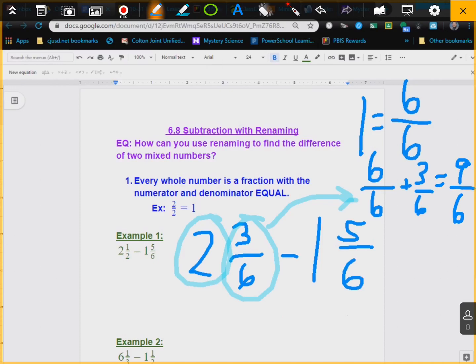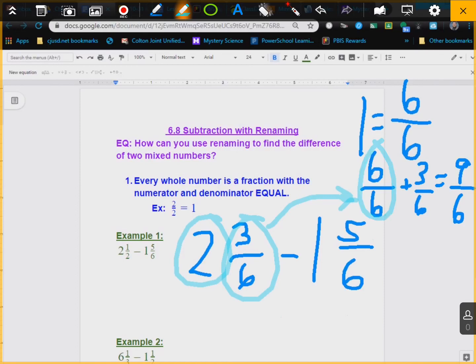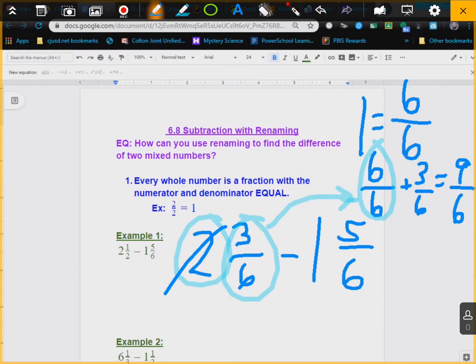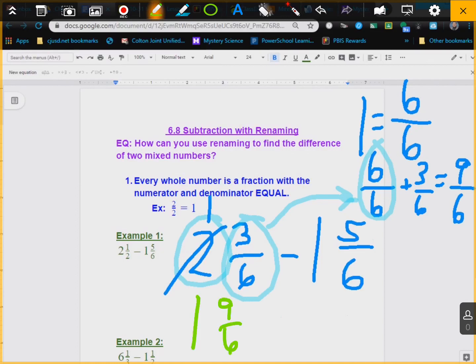And since I took a whole number out, which is the 6 over 6, I have to change this to 1, because I took a whole number out. So now I have 1 and 9 over 6 minus 1 and 5 over 6. And I can do this now.